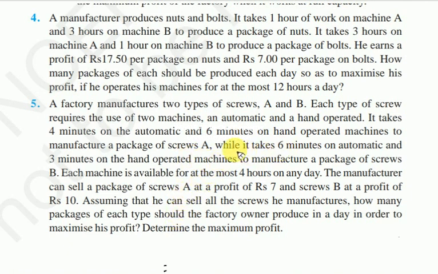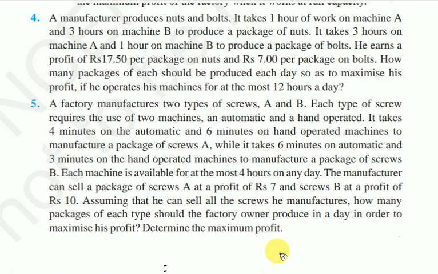So here, look here, each machine is available for at most 4 hours a day. The manufacturer can sell a package of screw A at profit 7 and screw B at profit 10.